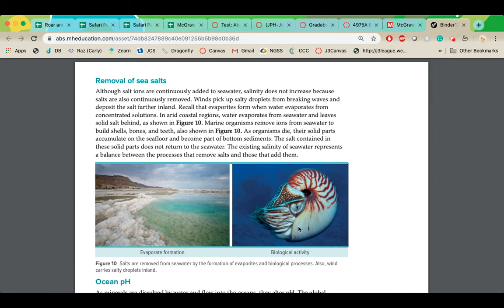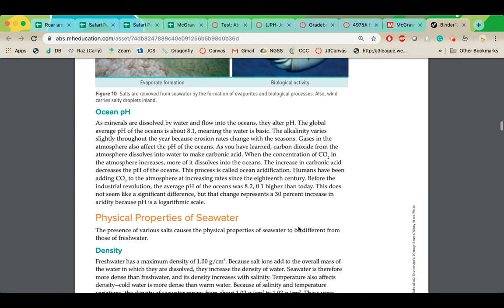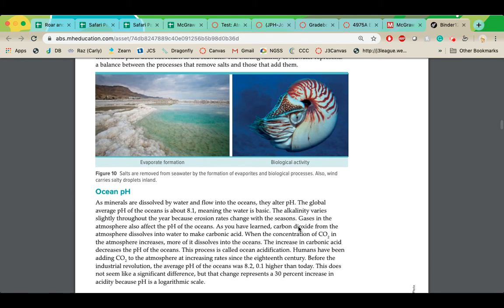They die and then it stays in their bodies at the bottom of the ocean, but not in the water per se. So, ocean pH, that means the acid or basic level of the water, can actually vary as well. Dissolving minerals generally makes the water more basic, or what we call alkaline in chemistry. But increasing CO2 absorption makes the water more acidic.